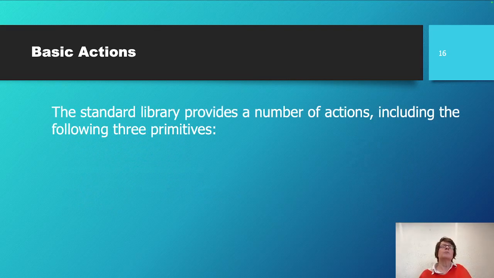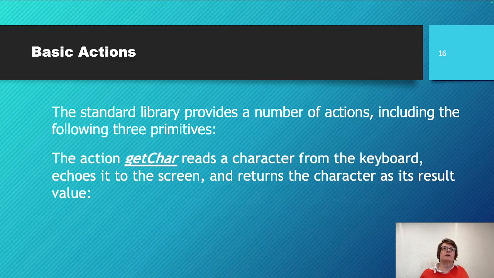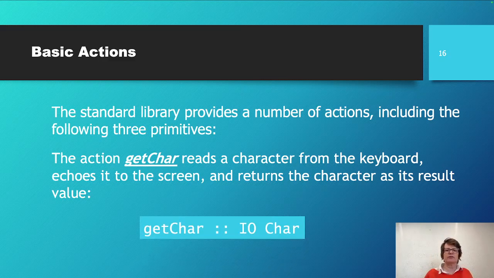Now, some actions that we have available to us. getChar reads a character from the keyboard, so we need an IO there, and it echoes to the screen. It returns a character as its result value. This says we're going to need something from the outside world.